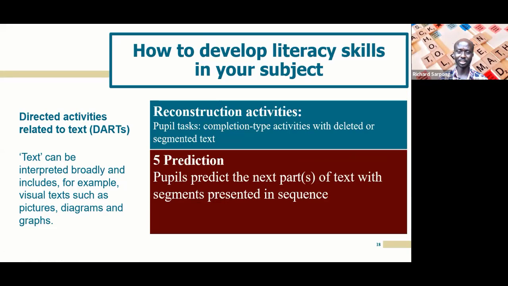So the last one is prediction and reconstruction. So people will predict the next part of the text, with segments presented in sequence. So instead of just deleting parts, you can just write the text and let them complete the text by predicting what is next, right?